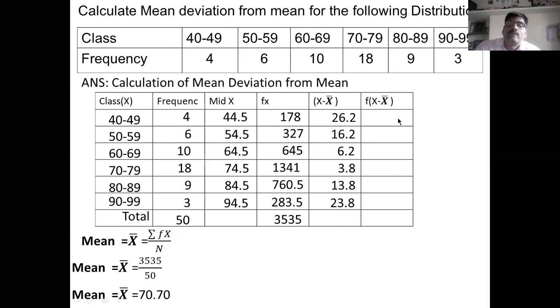Once you calculate the difference, then you need f into x minus x bar column. You multiply these two columns. You have to multiply the x minus x bar column into the f column. These two columns multiply and take here.